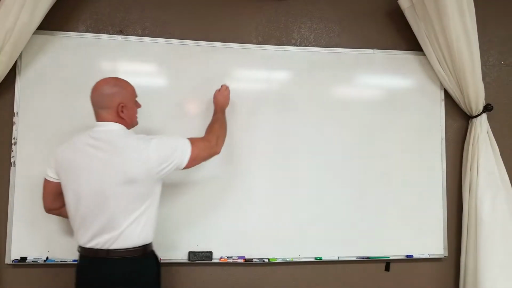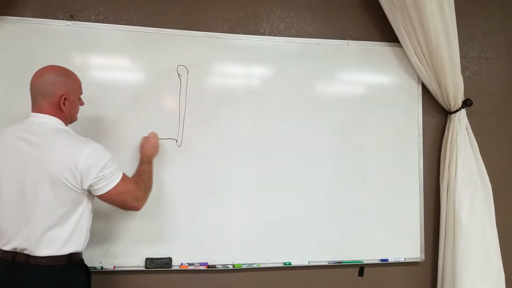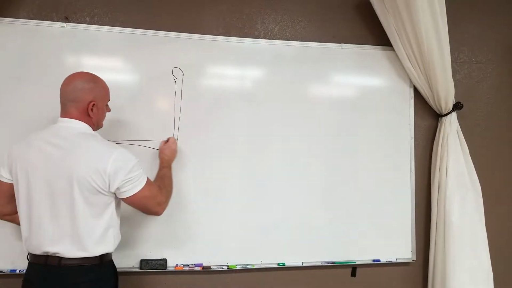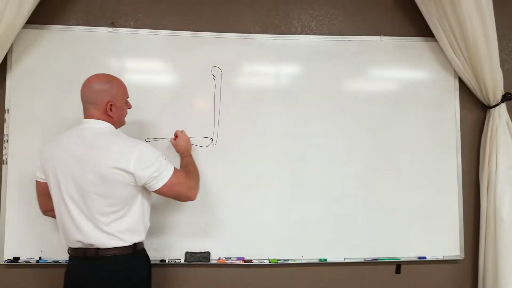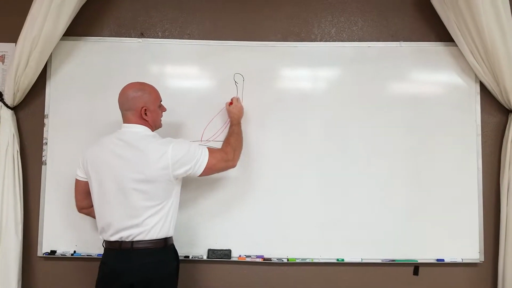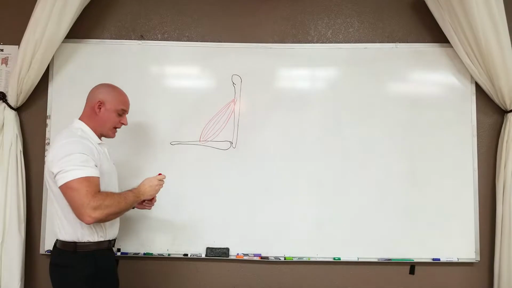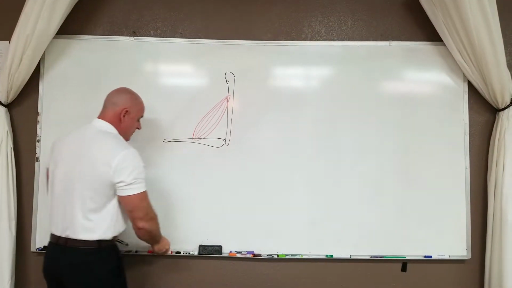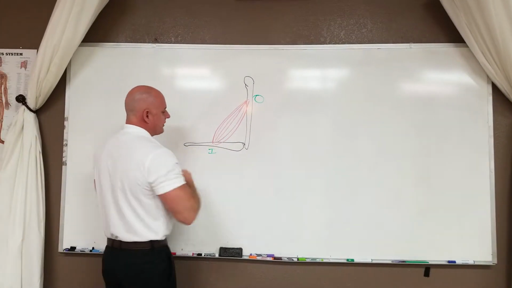All right, so in this example, let's just draw a bone right here. All right, and let's say that our muscle is here. We're going to have our striations. That also helps us understand how the line of pull may be. But with every muscle, we know we have to have an origin and an insertion.